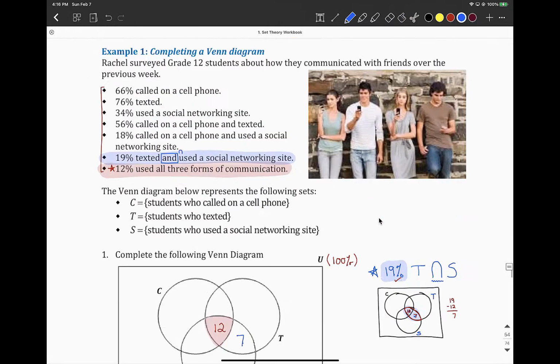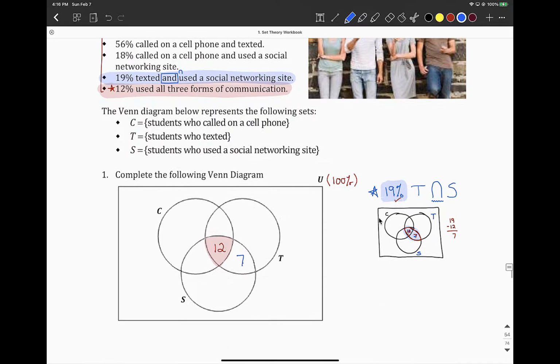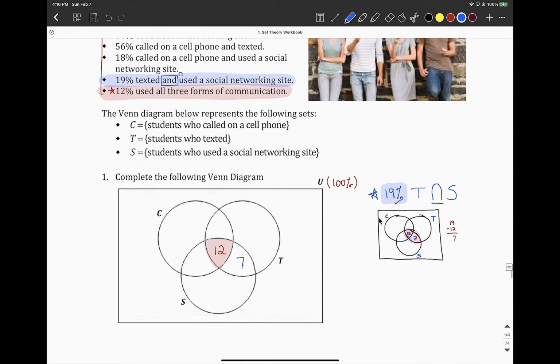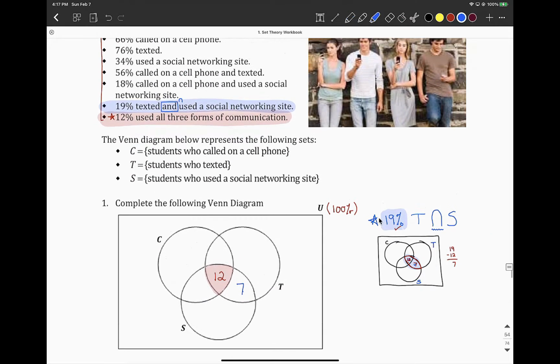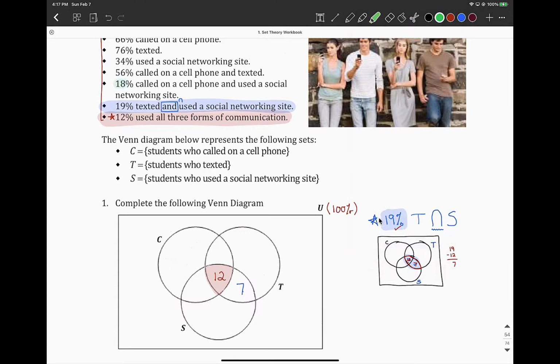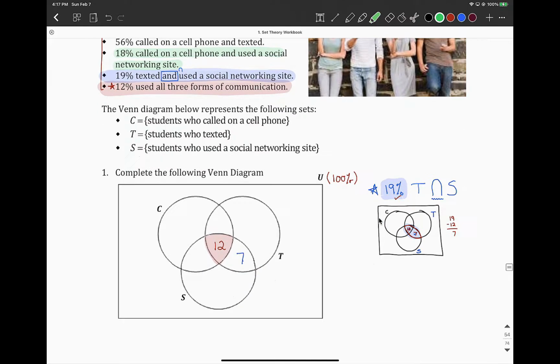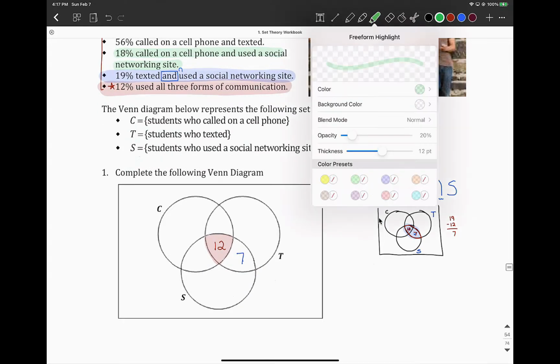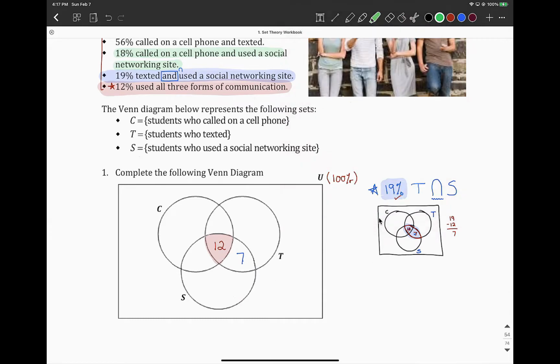And for every single one of these percentages up here, I'm going to have to do that same kind of dance, like the claim that 18% called on a cell phone and used social networking. That is talking about cell phone and social networking.